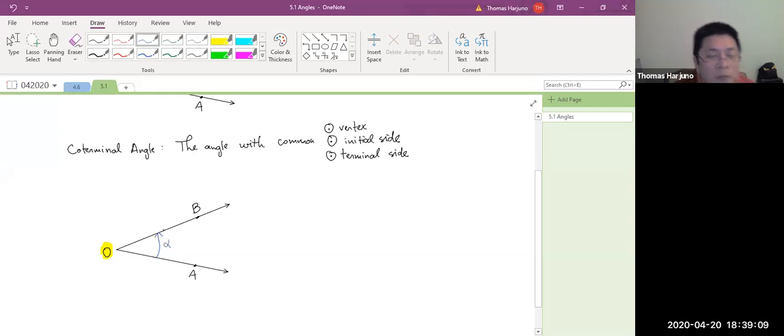Notice angle alpha has initial side OA, vertex O, and terminal side OB. Now, this angle alpha here is coterminal with angle beta if we go this way.